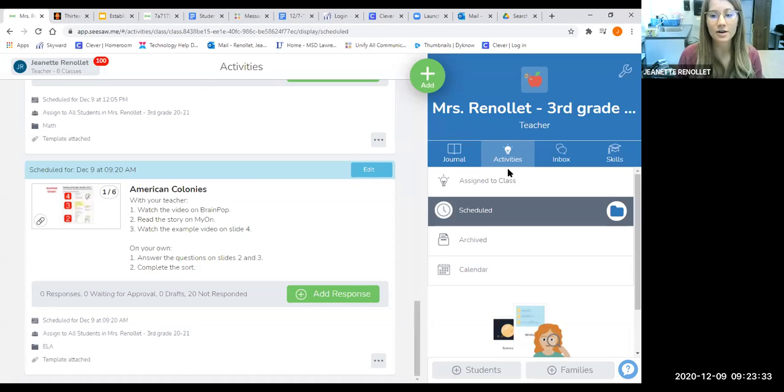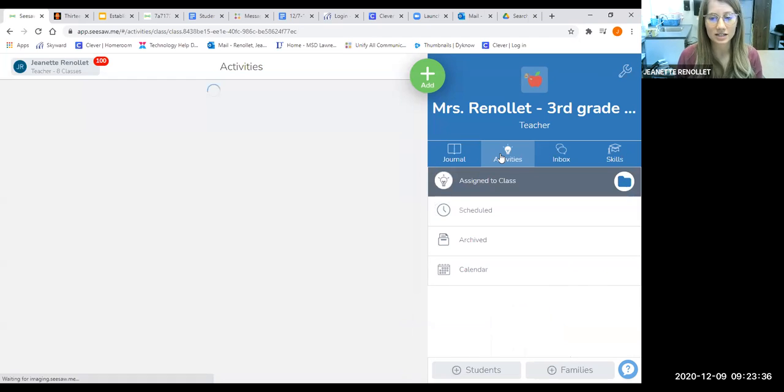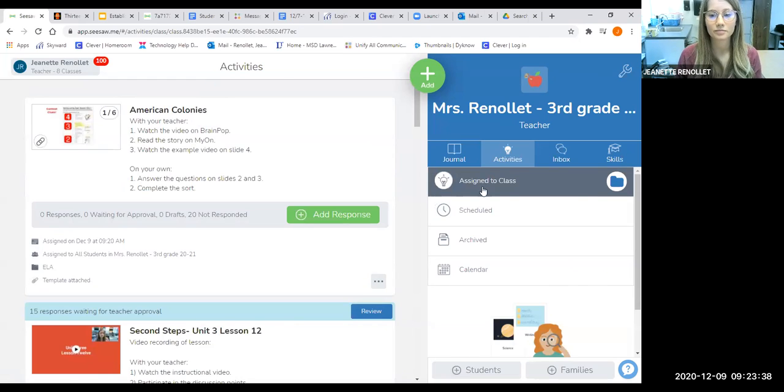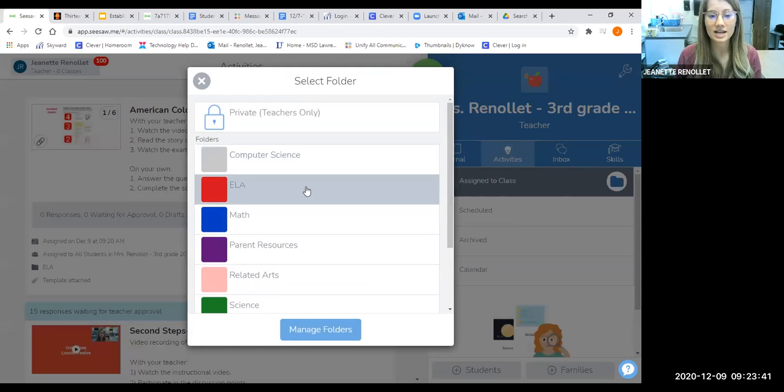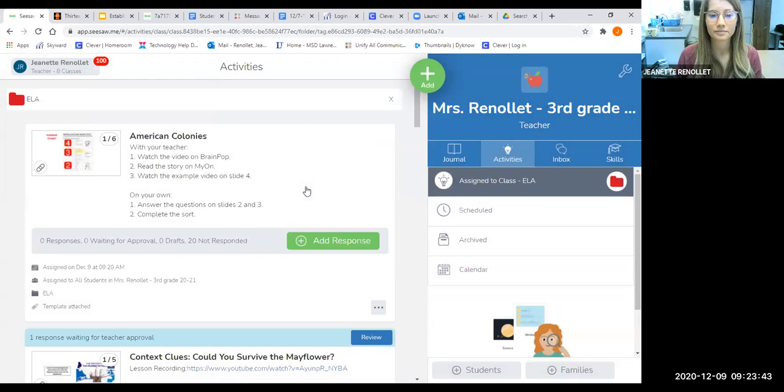Today you get to read the same book that Mr. McKinney read. It's all about what it was like to live in the colonies with the colonist people. So we're going to practice finding our text together. First, you need to go to Seesaw, click on Activities, Read ELA, and the title of today's task is American Colonies.